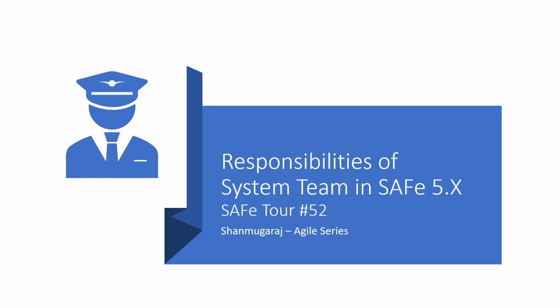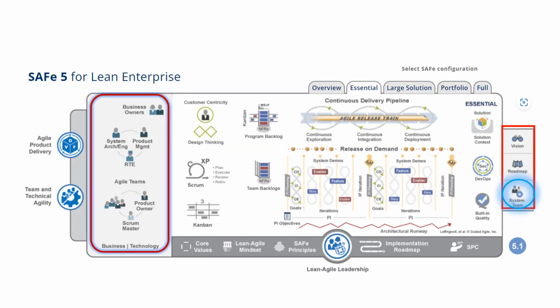Today's topic is responsibilities of a system team in SAFe 5.x. If you're traveling with me, you would know that I started discussing various elements of each configuration of SAFe 5 for Lean Enterprise.